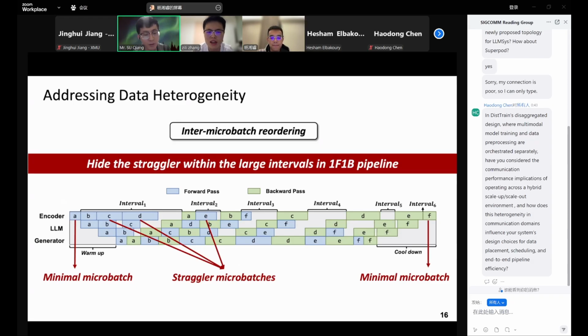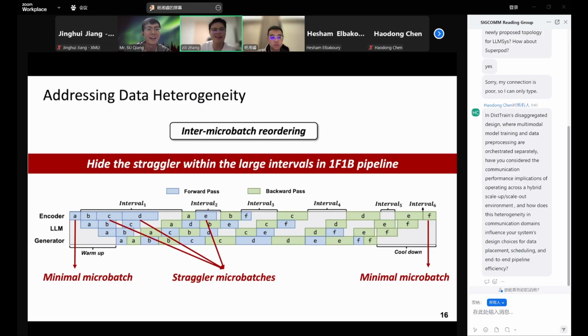I'm just curious, will it be possible to design a co-design approach for fault tolerance specifically for multimodal large language model training?